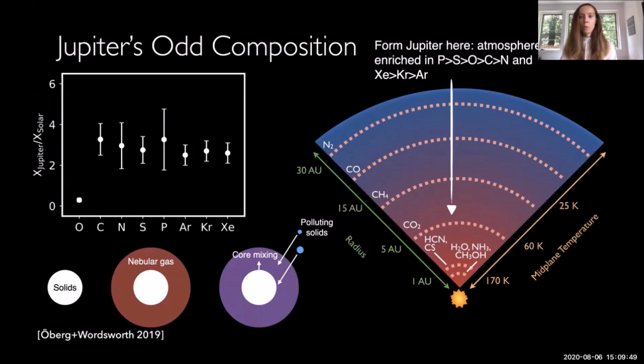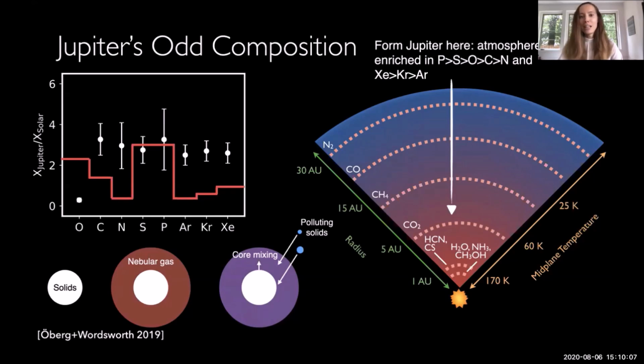So if Jupiter formed at 5 AU and got its solid pollution at 5 AU, you would expect a composition of Jupiter looking like this. So lots of sulfur and phosphorus, not so much carbon, and very little nitrogen.